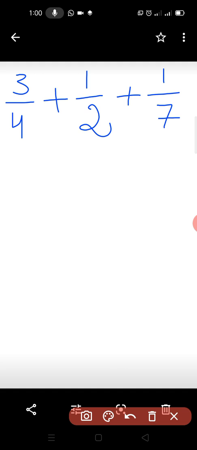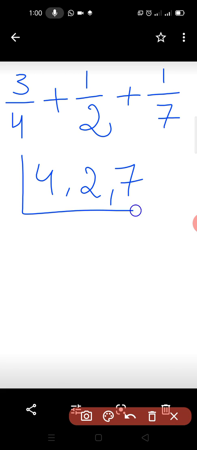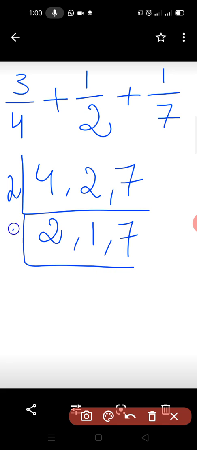Now we have to find the LCM for these unlike fractions. So how to find the LCM? 4, 2 and 7. Find the LCM here with the 2 table. 2 2s are 4, 2 1s are 2. 7 is not divisible by 2. Again with the 2 table, 2 1s are 1 and 7 is not divisible.